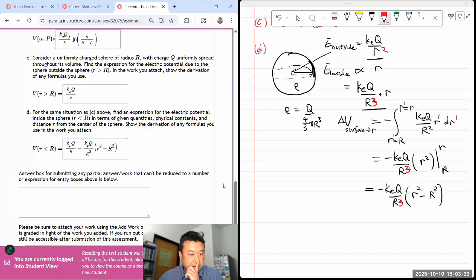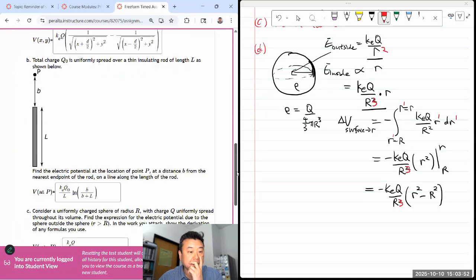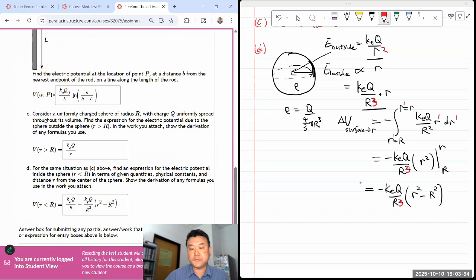I think that's right. Let's make sure the units work out, and that as you go in you get more positive voltage. Yeah, when r equals 0, that's when it's most positive. I think that's right. Hopefully.